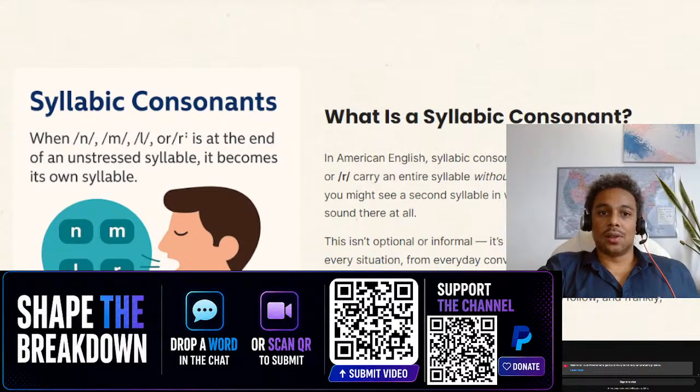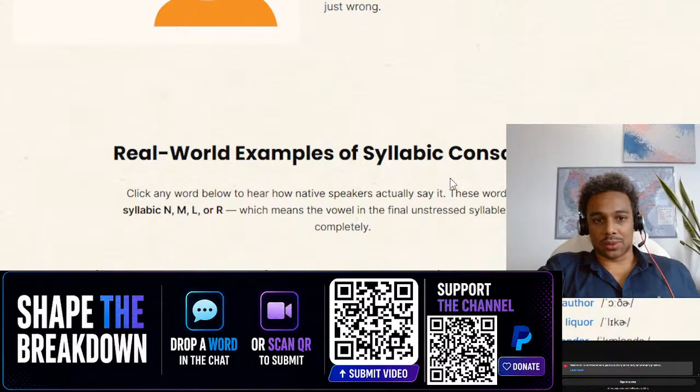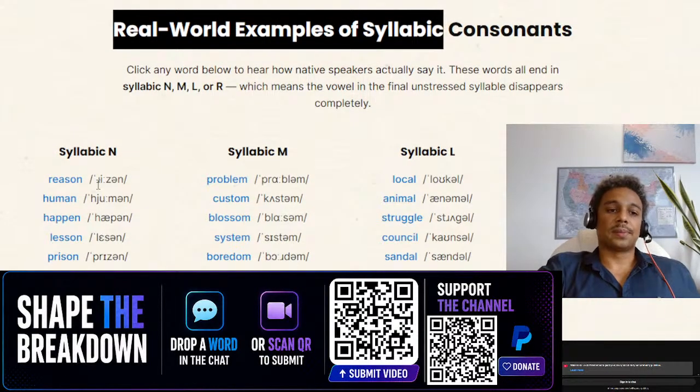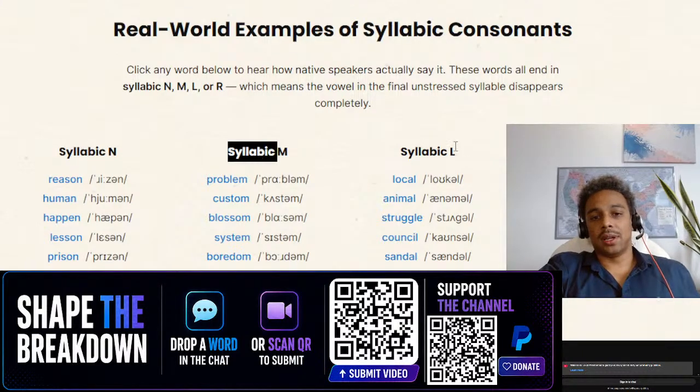So the key here is unstressed and at the end. So let's just jump into some real world examples. Look at this. We've got syllabic N, syllabic M, L, and R.